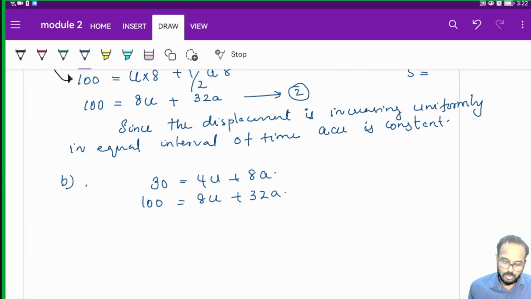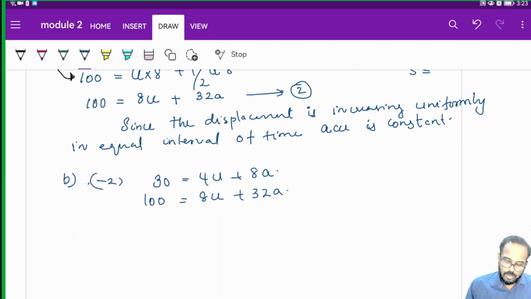To eliminate u, if you multiply the first equation by -2, what happens? 4u will become -8u. When you add, it will get cancelled. So this equation will become -60 equals -8u minus 16a.